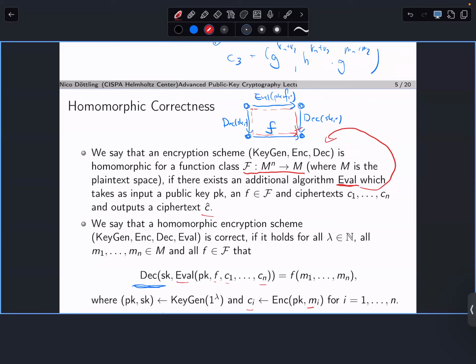So really, when we talk about homomorphic encryption in a strict mathematical sense, what is homomorphic here is the decryption algorithm. The decryption algorithm has a homomorphism property, not the encryption algorithm, right? Because clearly, the encryption algorithm isn't even a function.